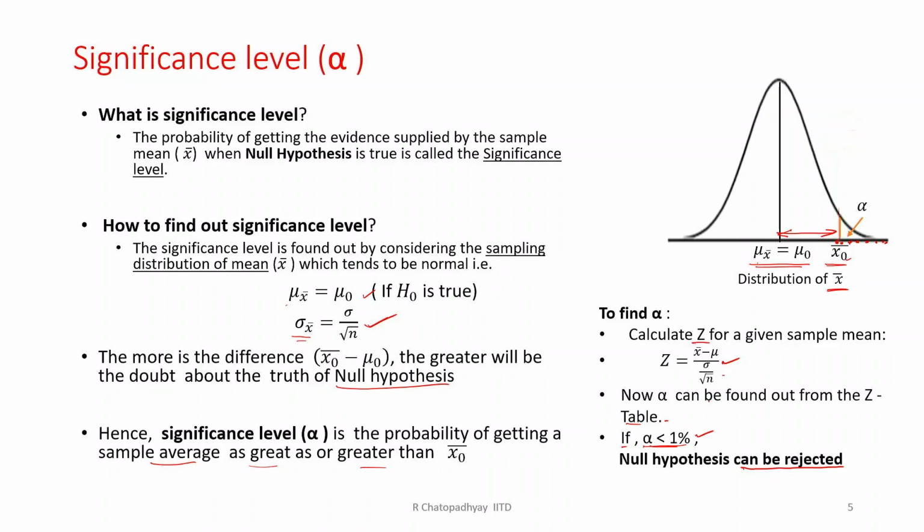If it is too far, chances are bright that it belongs to the other populations. And that's why we reject the null hypothesis, which says that there is no change in the population mean because of changing the process, or changing a raw material, or whatever it is.